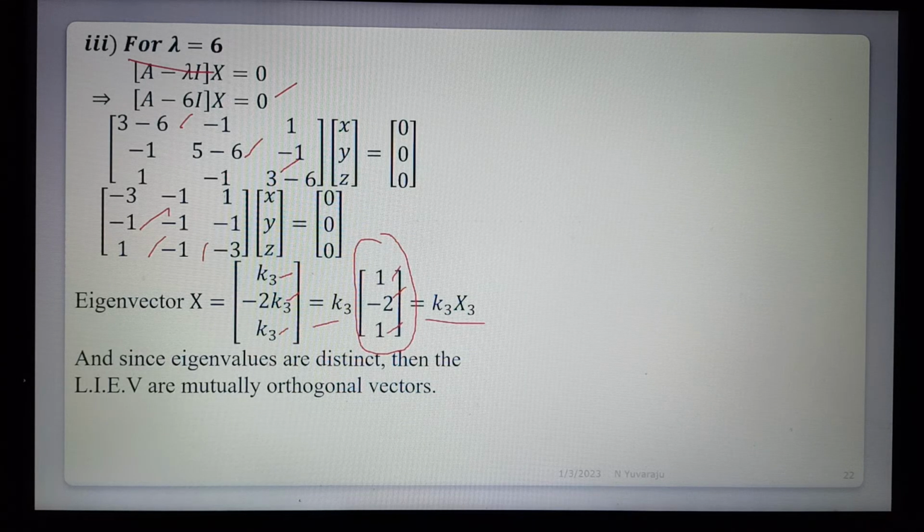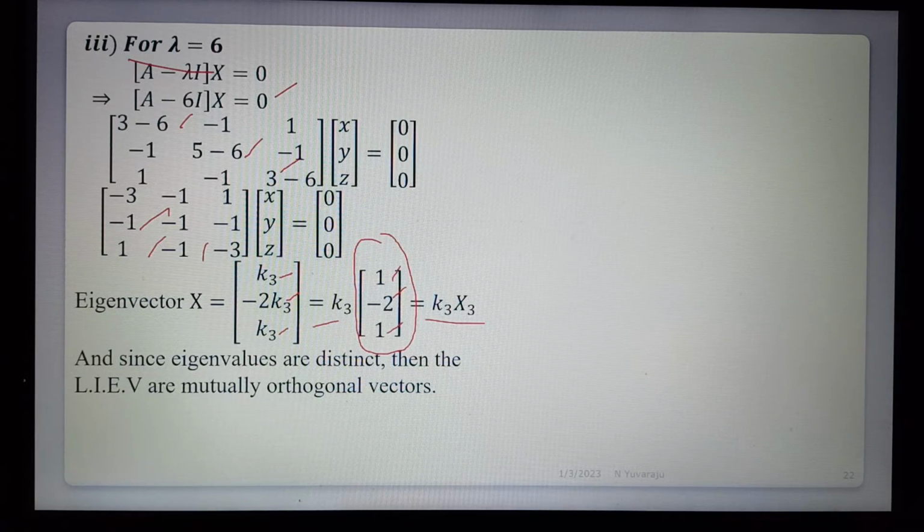In case the eigenvalues are not distinct, then again verify whether the condition of orthogonality holds. If any vector is not orthogonal, then find a new linearly independent eigenvector which is orthogonal to the remaining 2 vectors. That procedure I already told in the previous lecture.